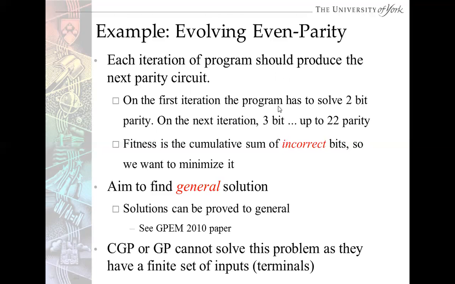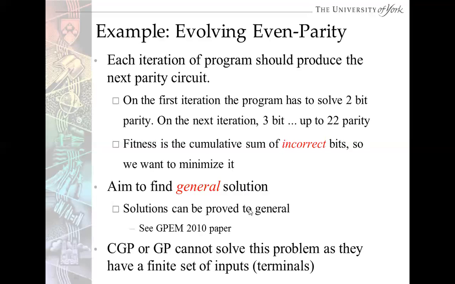The aim is to find the general solution. The hope is that at some point, suddenly, the intermediate phenotypes will automatically generate the next parity function. The fitness was the cumulative sum of incorrect bits, so we want to minimize it. We want perfect solutions. And as I said, the aim is to find a general solution.